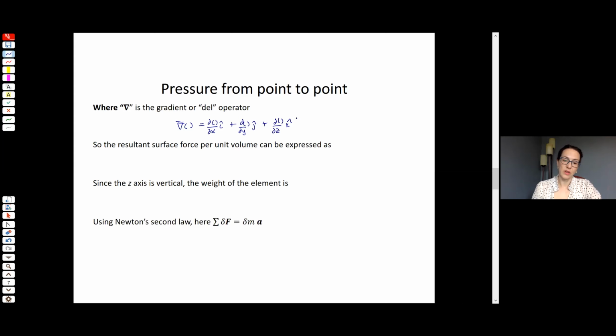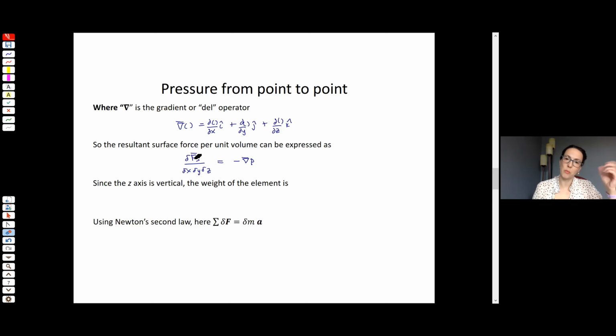So the resultant surface force can be expressed more simply like this, if we just rearrange that last equation on the last page. And you can see here, we've got a vector quantity in the capital F. It's got an overline, which I mean to indicate vector.